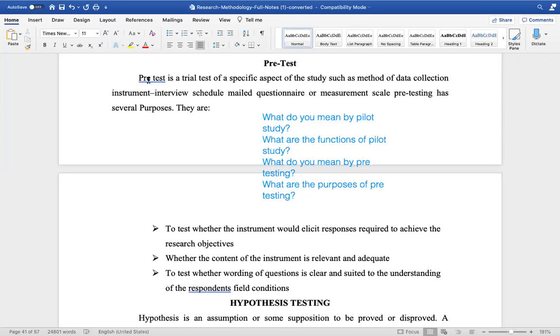Will it be suitable for your objective, etc.? Whereas pre-testing is to test your data collection tool. Data collection tools were observation, interview schedule, questionnaire, etc. Right? So we are going to test how adequate these are, what actually should be done. So you're going to do a mock and then find out.